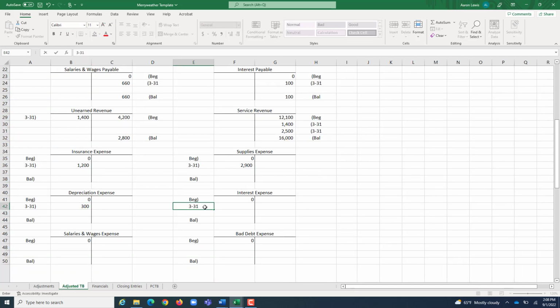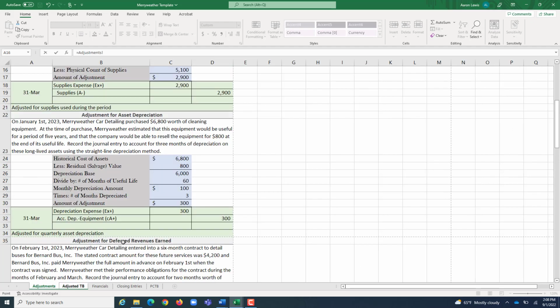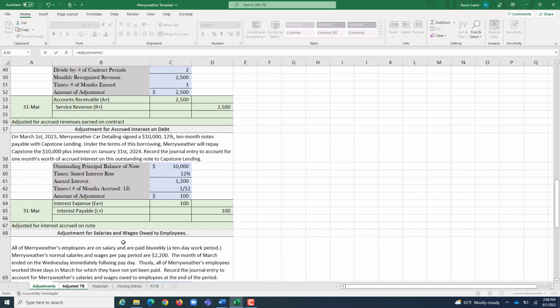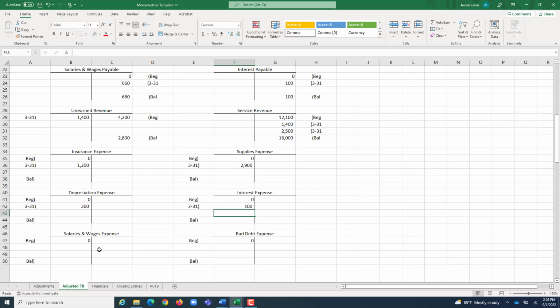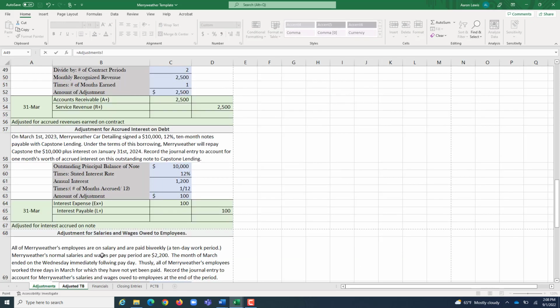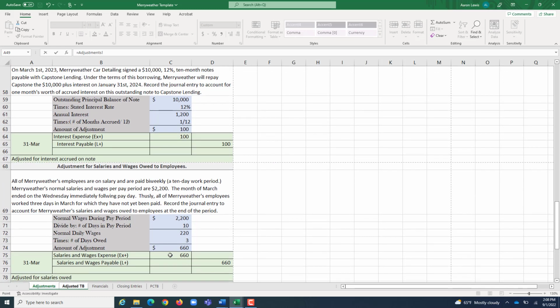For interest expense, we recognize interest which is accrued on our loan in the period, which it actually accrued. Our interest expense account got debited for $100 right here. Let's transfer that $100 debit to interest expense from the journal entry over to our T's. For salaries and wages expense, we recorded the expense for salaries for which our employees had worked but had not yet been paid, which was $660.